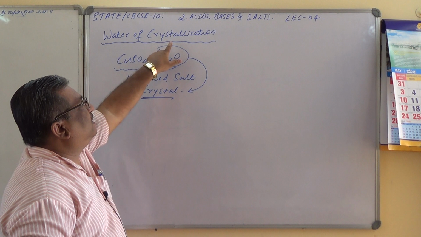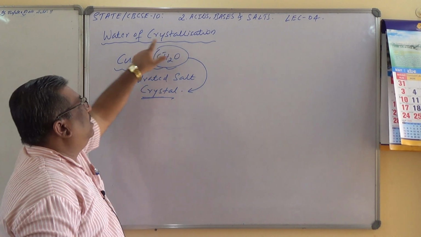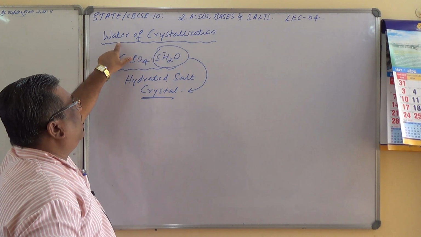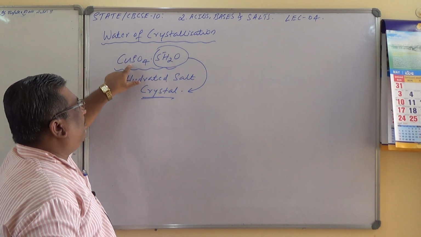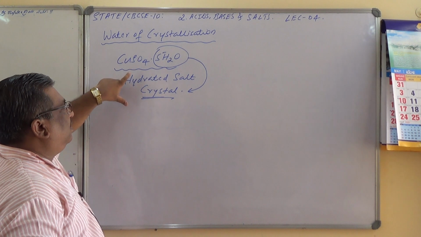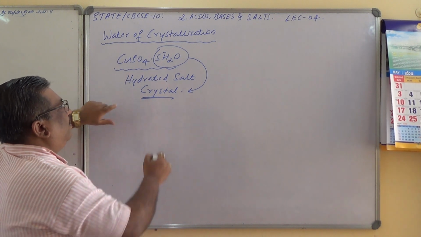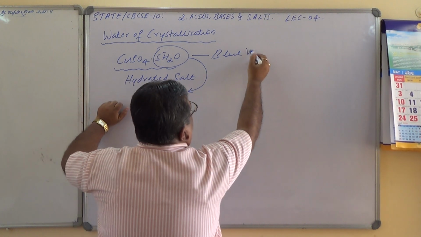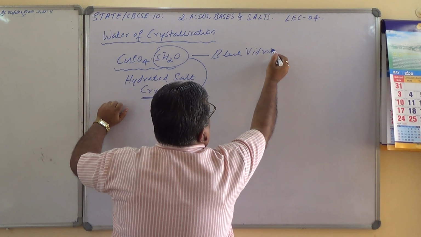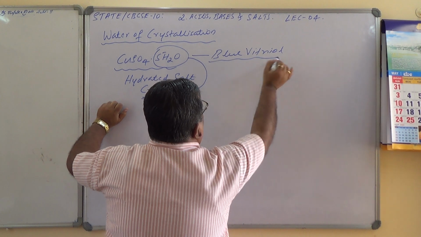As the name itself suggests, the water molecules required for crystallization are called water of crystallization. So if we add 5H2O to the copper sulfate, it will become a crystal, and its color will be blue. This is also called blue vitriol. And it is in blue color.